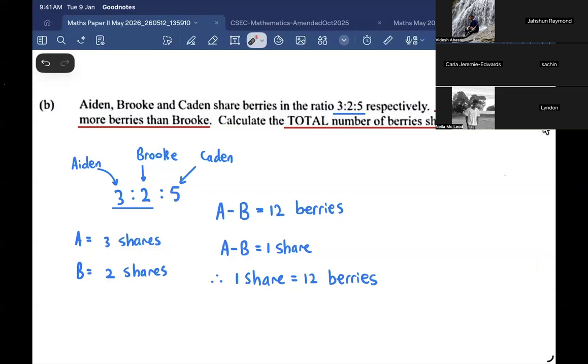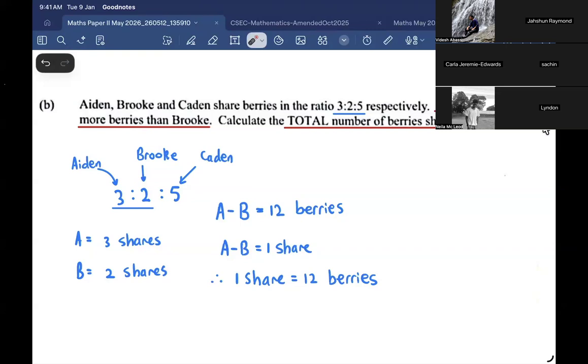Sachin, you're correct. Carla, let me make sure you understand it. So Carla, how many shares does Aidan get again? When we're talking about shares, it's a bit different. Forget about the difference between Aidan and Brooke. Aidan gets how many shares? 3.